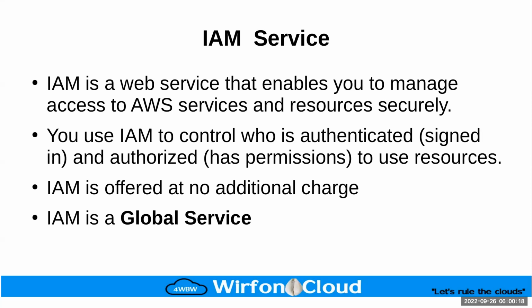You have to access them over the internet. So how do you access them? IAM is that service that helps you access those resources. And the other key thing is accessing them in a secure way. IAM gives control on who can be authenticated, which means signing in, and who can be authorized, who has permissions to use resources.